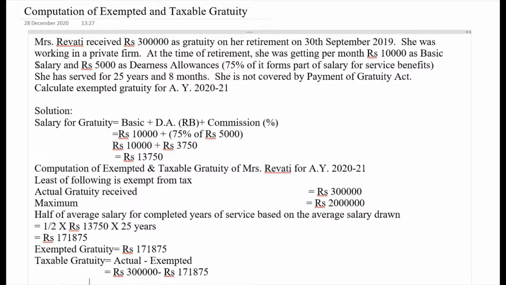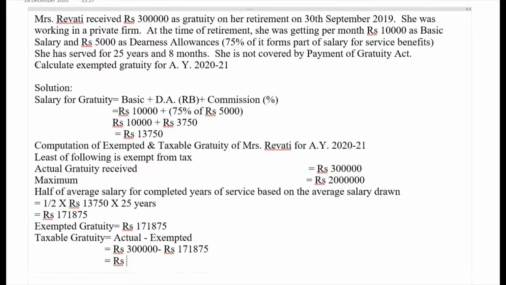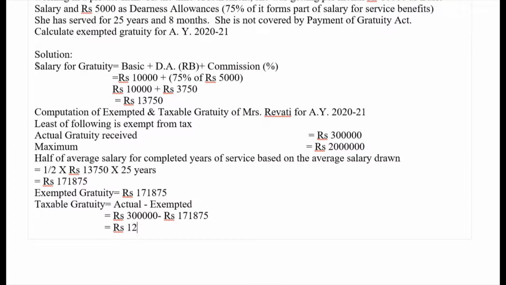That equals rupees 1,28,125, which is the taxable gratuity in this problem. The fractional service is to be ignored as the employee is not covered by the Payment of Gratuity Act. Thank you.